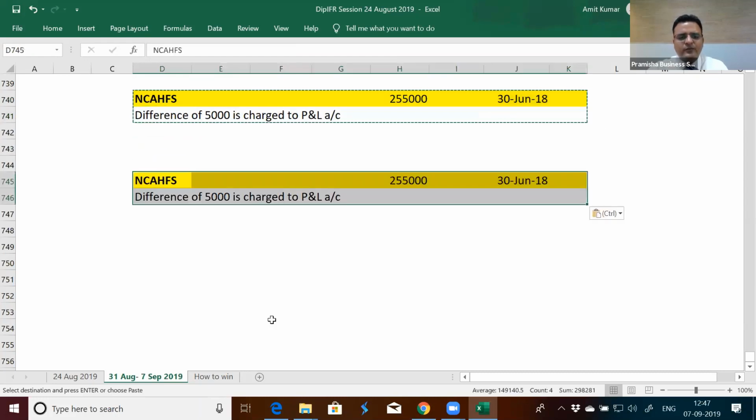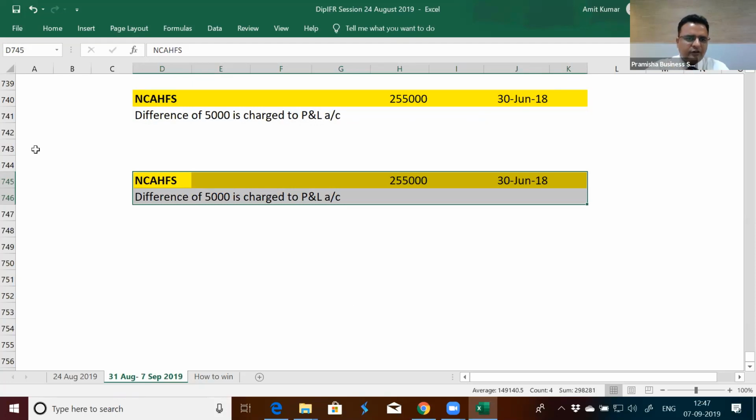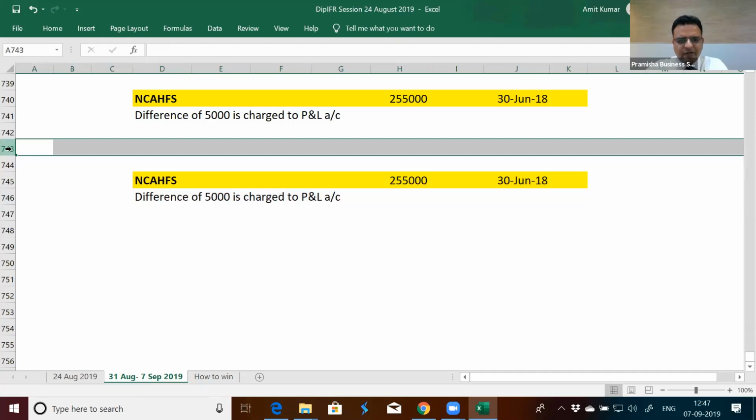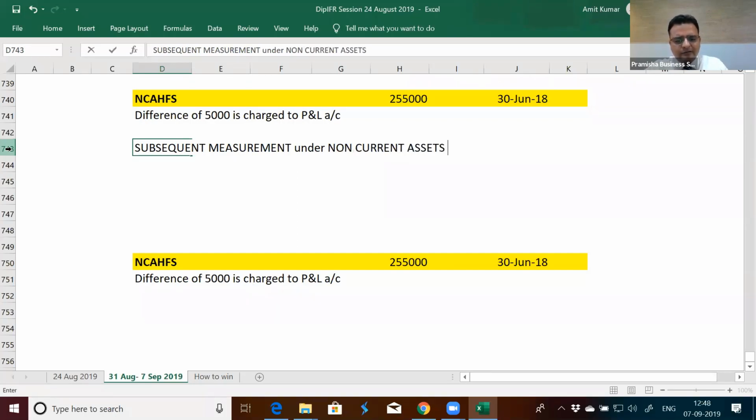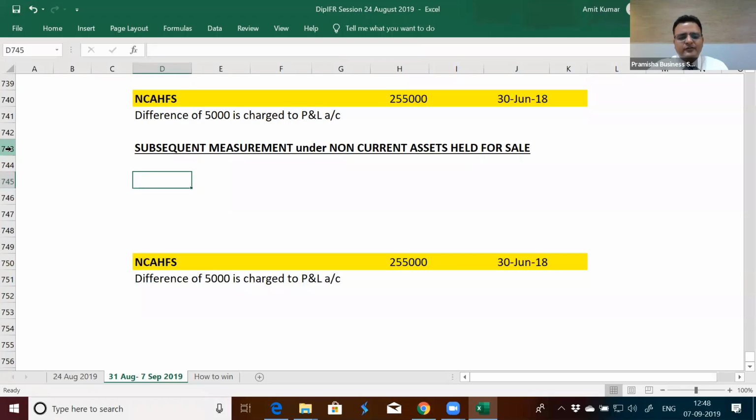The requirement of IAS 1 presentation of financial statements is that if anything is measured at fair value less cost to sell, or the subsequent measurement in case of non-current asset held for sale is after the date of classification, subsequent measurement under non-current assets held for sale is always at fair value less cost to sell.